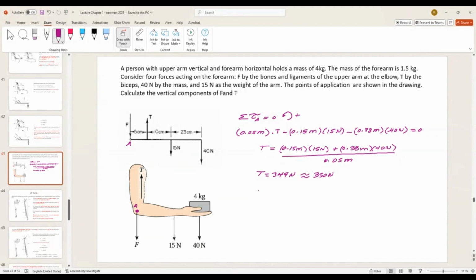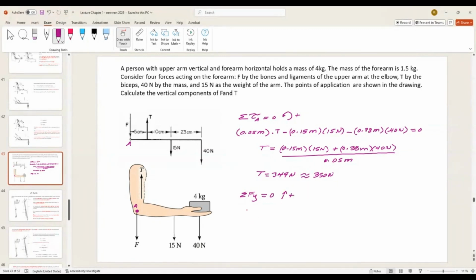Now, as I know the tension, now I'm ready to calculate the force F. And to calculate the force F, I can make a sum of the forces in Y using the condition of translational equilibrium. So we say that the sum of the forces in Y is equal to 0, and I will be taking positive the forces pointing up.